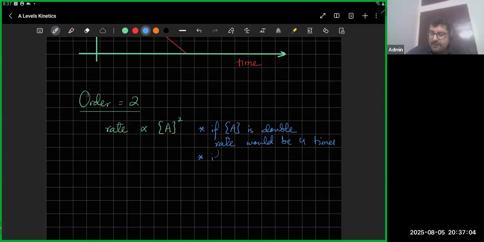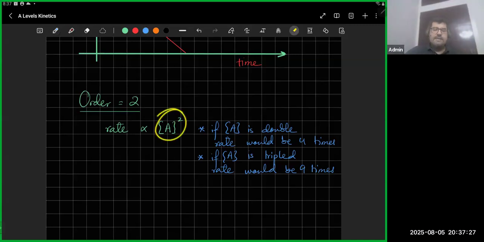You triple, if A concentration is tripled, square है ना, so the rate would be 9 times. So this relationship between the reactant concentration and the rate of reaction, that just means it's kind of overly sensitive. You touch A's concentration and the rate goes out of control.